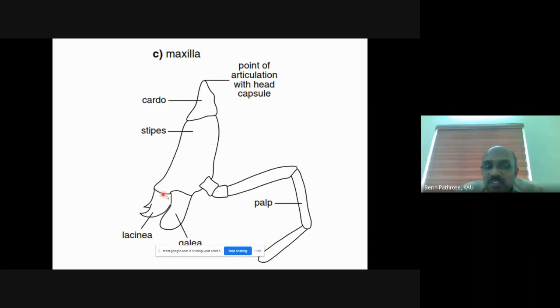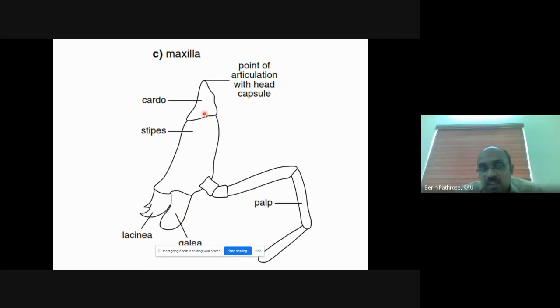At the tip of the stipes, on the inner part, we have two lobe-like structures. The inner lobe-like structure is called Lacina, and the outer lobe-like structure is called Galea.